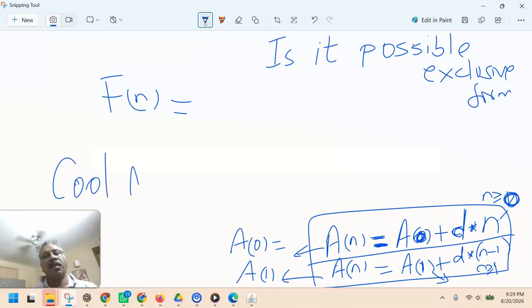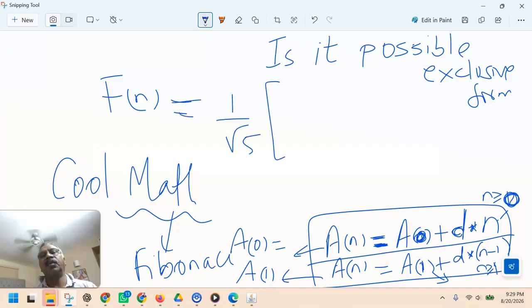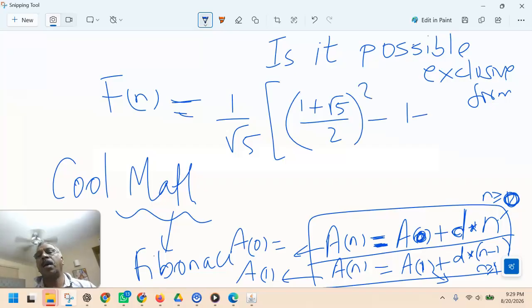I have a playlist with cool maps, and there I'm going to put a video to show the Fibonacci sequence, how to write this expression: 1 over square root of 5, with the golden ratio formula, 1 plus root 5 over 2 raised to n, minus 1 minus root 5 over 2 raised to n.